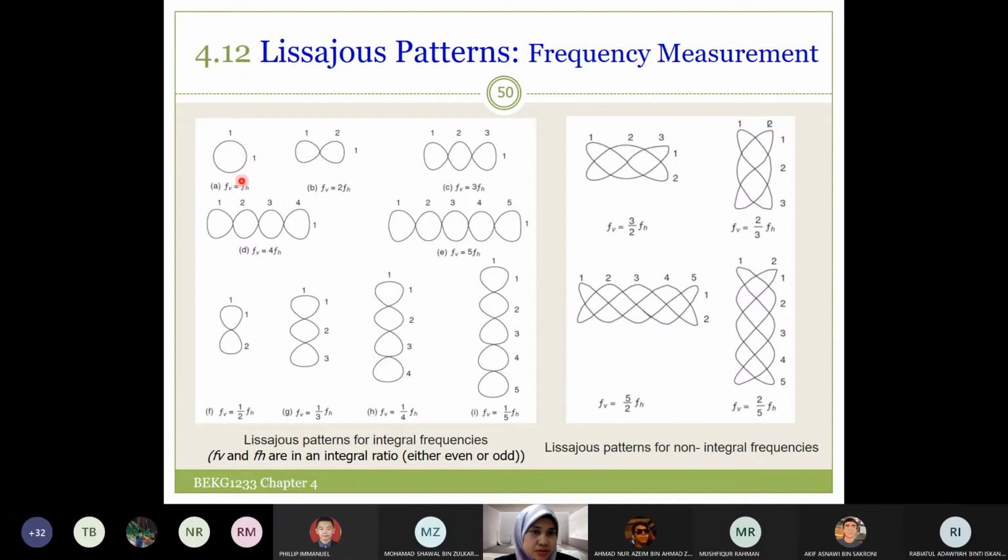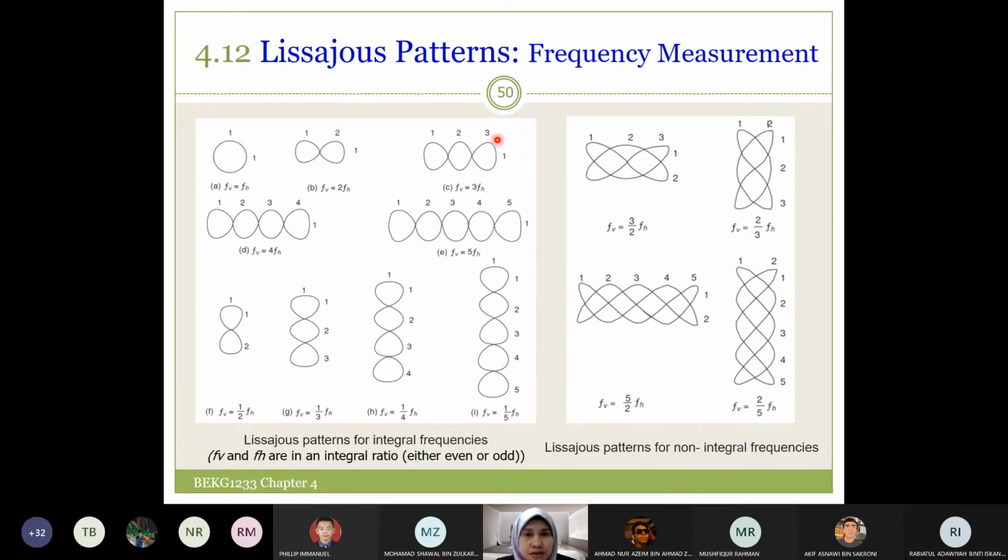This one is Fv equal to Fh. For this one you just count how many loops on vertical. Only one, so 1 Fv is equal to, and we have 2 loops on horizontal, so 2 Fh.